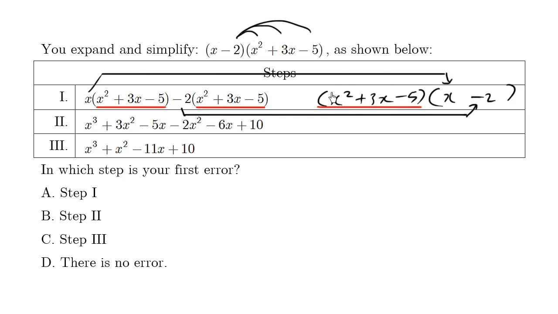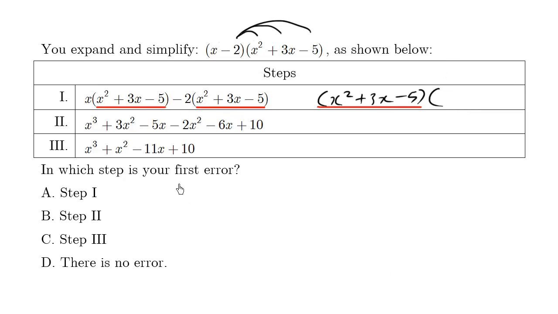And you can see that this expression here times x using distribution is equivalent to x times this expression. And this expression, this thing here, times negative 2 is negative 2 times this expression. So this is working fine. This step is legitimate.